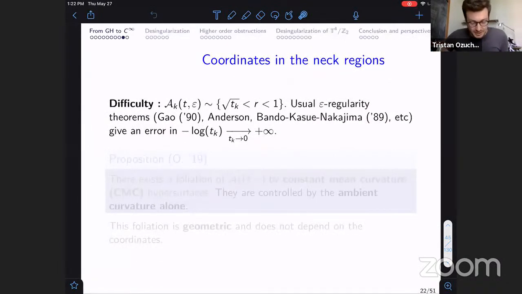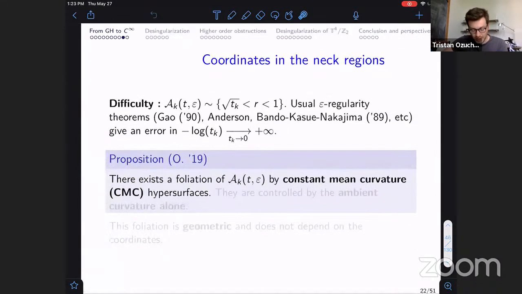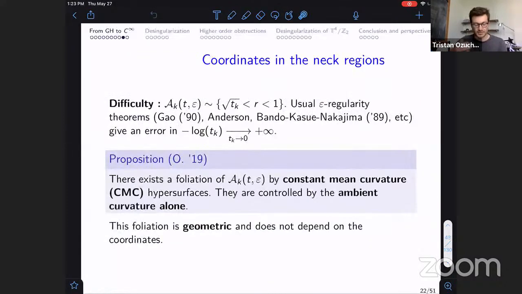The difficulty here is that the size of these annuli degenerates. And so the usual epsilon regularity theorems would give you some error which blows up, and so they are not useful here. The way I deal with them is that I construct a CMC foliation of the whole neck. And this CMC foliation is great because it's geometric, it doesn't depend on the coordinates, and it's only a priori controlled by the ambient curvature alone.